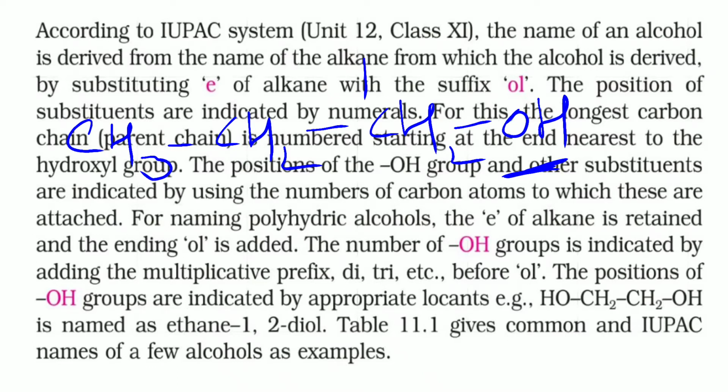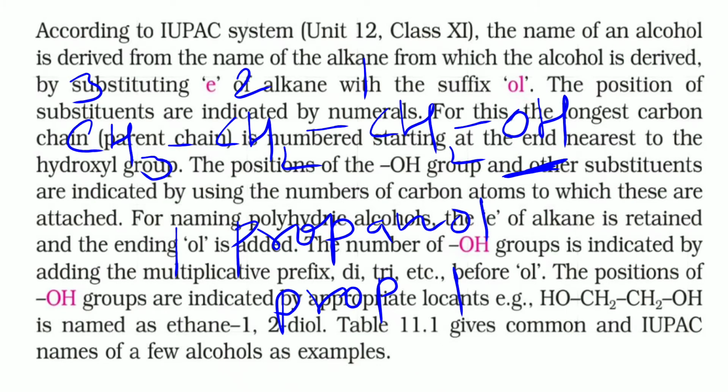So it is number 1, number 2, number 3. So 3 carbons is propane, OL. The position of OH is 1, so we can write 1-propanol, or else we can write propan-1-ol. So this will be its nomenclature.